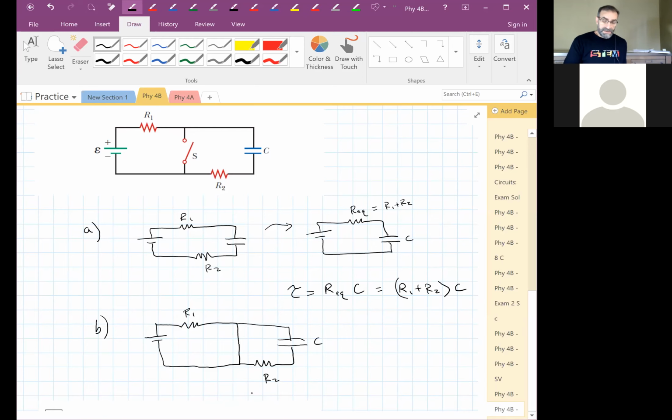This short down the middle basically separates the two halves of the circuit. The battery is trying to flow a current on this side. I'll use green. Where does that go? When it gets over here, where's that current going to go? It's going to go this way.